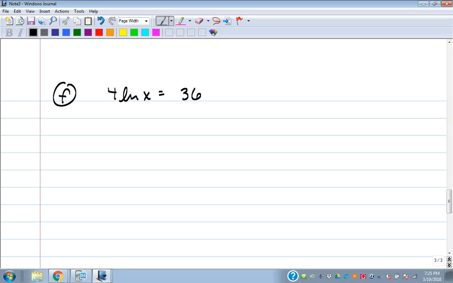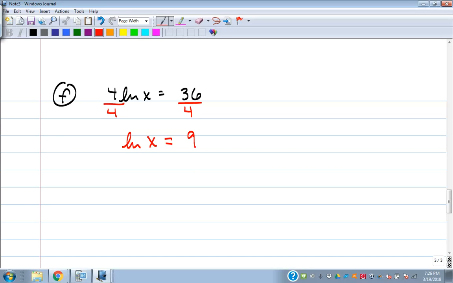Get that part by itself. Okay, so right now that 4 is attached to the front of that log, natural log of x. It's 4 times natural log of x. How can I get rid of that 4? If I divide by 4, it'll get rid of it, right? So that's what we'll do. So that gets me natural log of x equals 9.